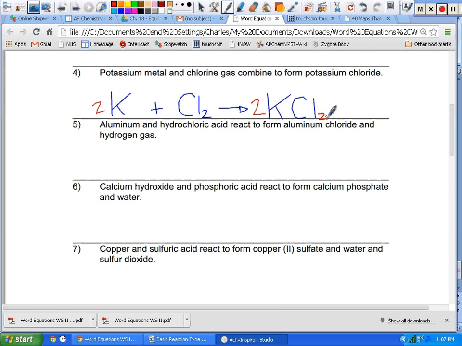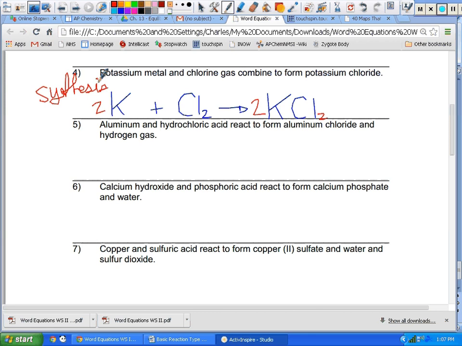All right, real quick. What type of reaction is this? You take A and you take B, you make AB. So this is a synthesis reaction. This is a synthesis. What's wrong?